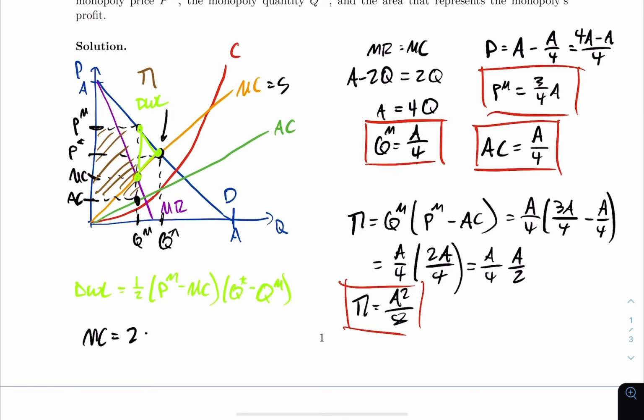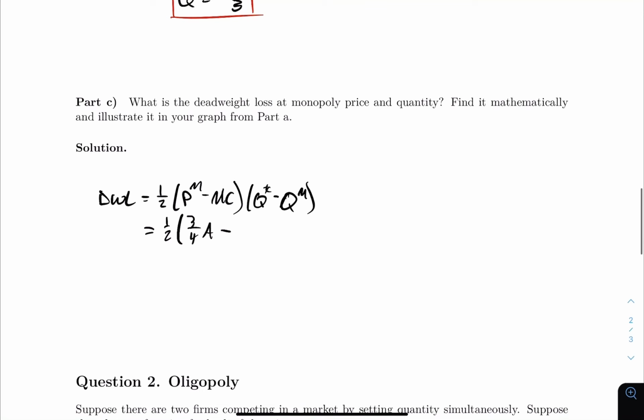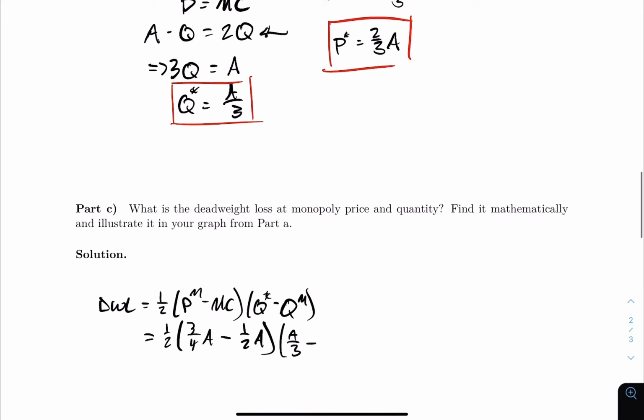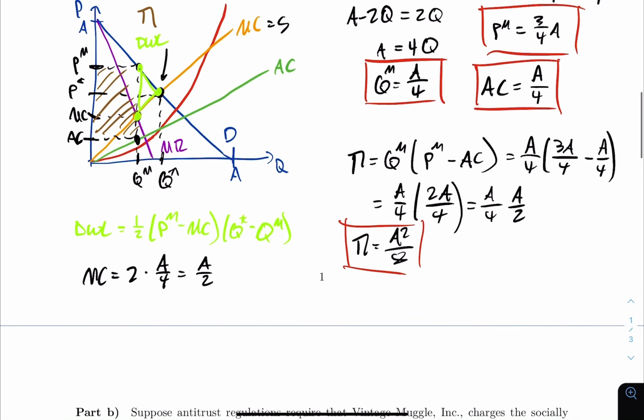So 2 times QM, which is A/4, just comes out to be A/2. So that's our marginal cost. 1/2A times Q star, which we found here, A/3, minus QM, which we found above, which is A/4.